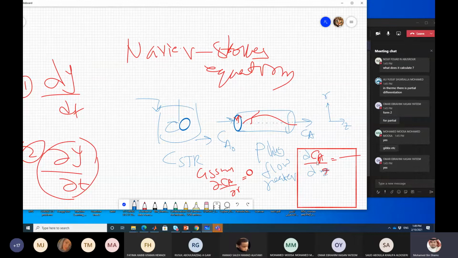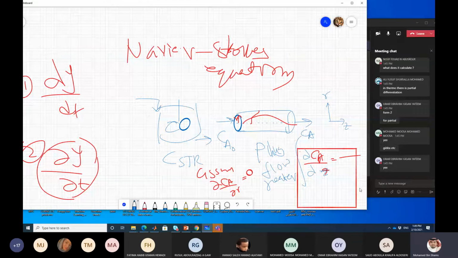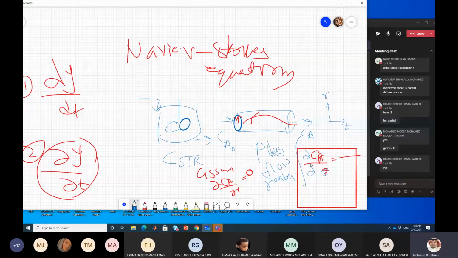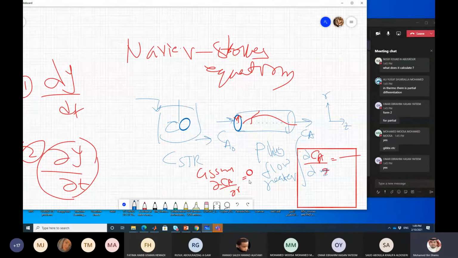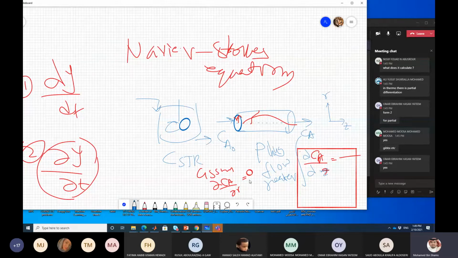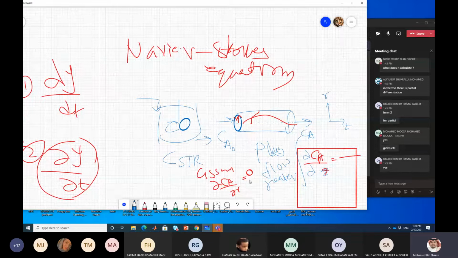So whether you are going to have a partial or a total depends on how you model, how you explain mathematically your system.